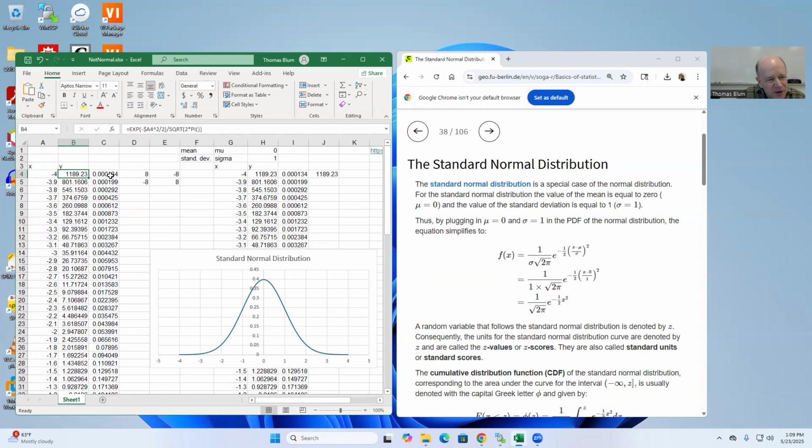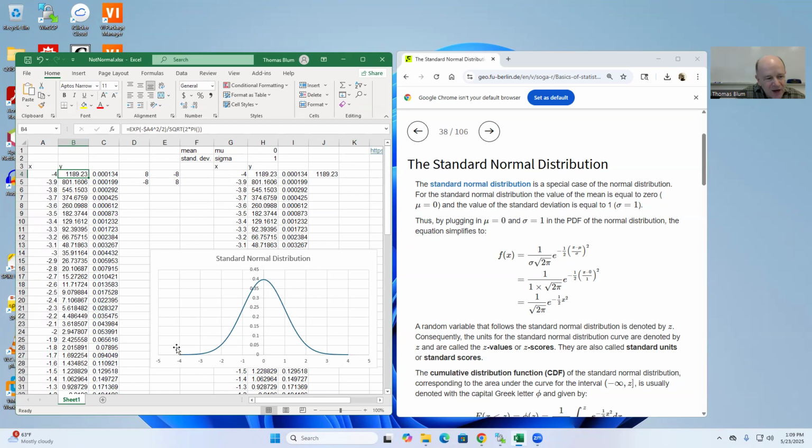I want to be able to copy it over from B to C, so I put a $ sign in front of the A, but those are my x's, A4, A5 on down. So I'm taking x squared and dividing it by 2, and the exponential divided by the square root of 2 pi. Excel's pi is a function, PI, open, close parenthesis.